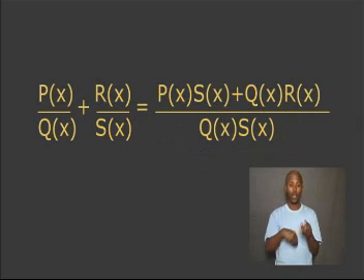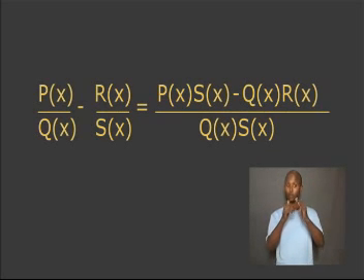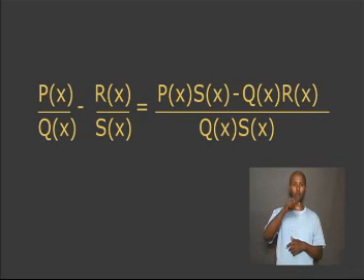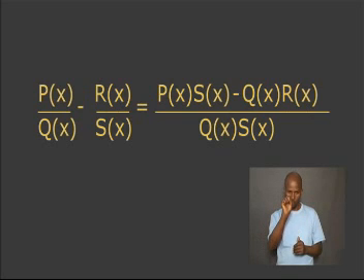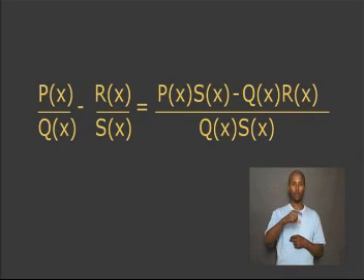In the case of addition, P of x over Q of x plus R of x over S of x equals P of x times S of x plus Q of x times R of x over Q of x times S of x. In the case of subtraction, P of x over Q of x minus R of x over S of x equals P of x times S of x minus Q of x times R of x over Q of x times S of x.